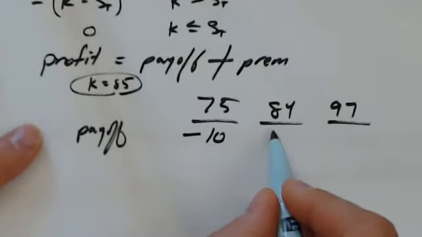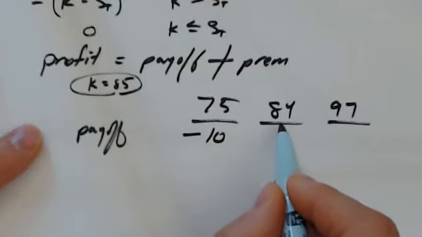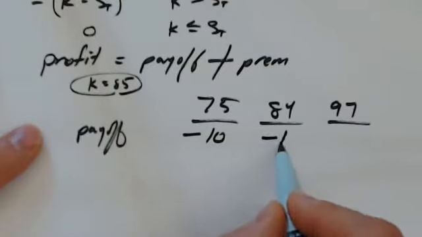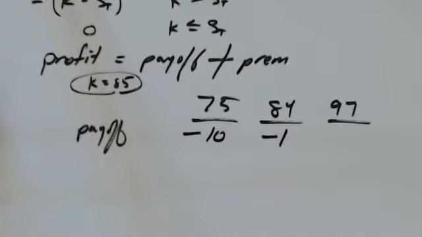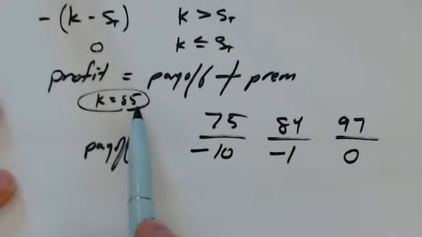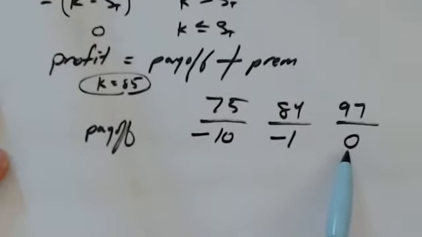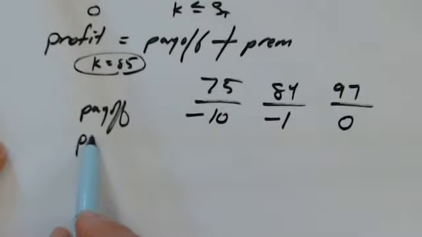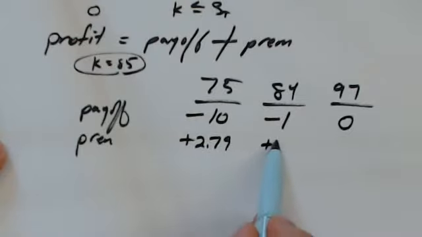You're going to have a $1 gain to the holder at 84, which means it's a $1 loss to the put writer, to the person short the put. And at $97, the option to the holder is worthless, because why sell the stock at 85 when you can sell it in the open market for 97? You let the option expire worthless, so the payoff is 0. The premium is always going to be plus 2.79, plus 2.79, plus 2.79.